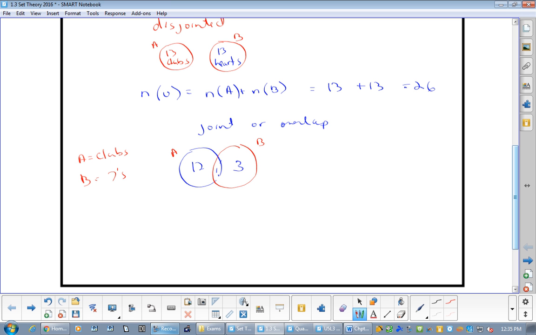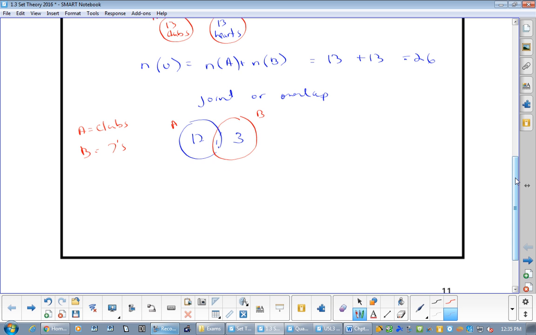So this one, N of the universal, would be N of A plus N of B minus N of A intersection B. Now remember, in clubs there's 13, and in sevens there's 4.